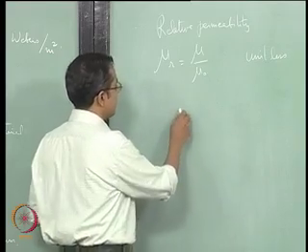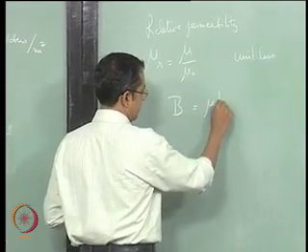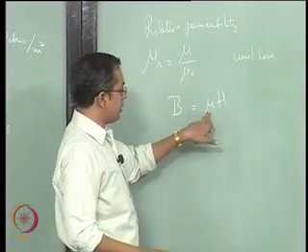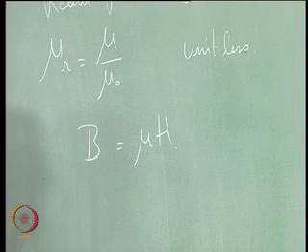So what we basically say is that we have originally written B as mu H, where we have the permeability of that material times the field that we have imposed on the material.